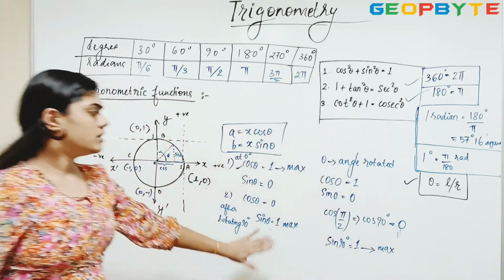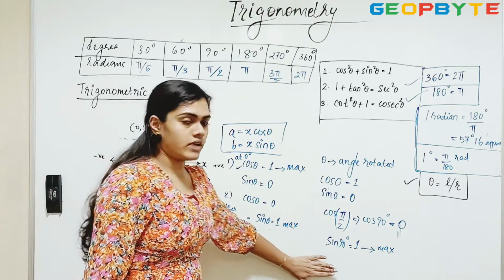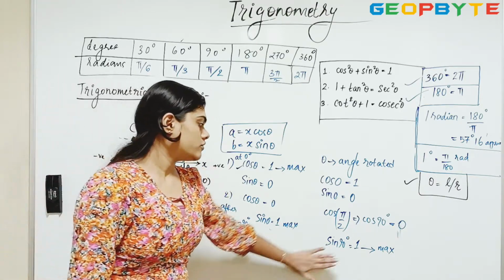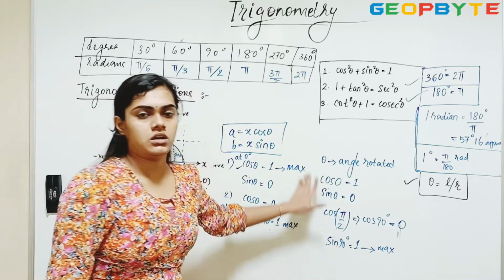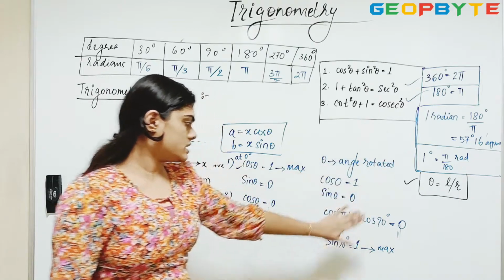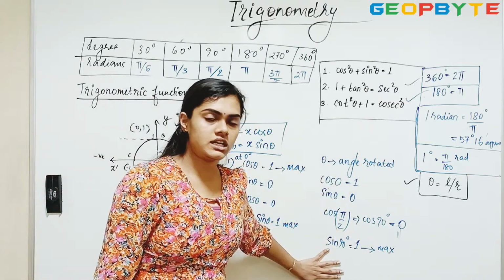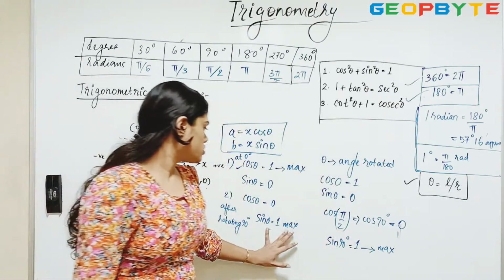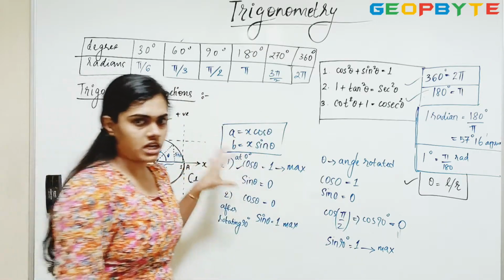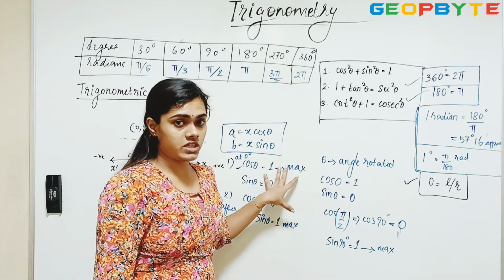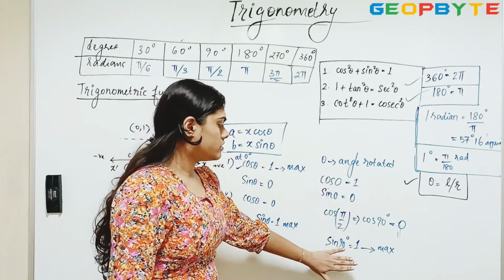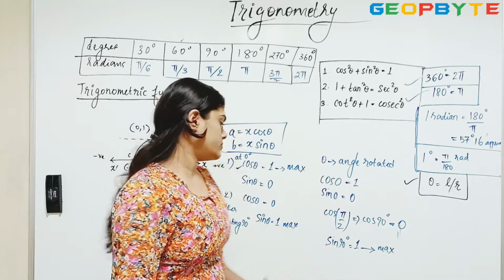So like this we can get the values of sine maximum and cos maximum, minimum values for both sine, cos and also the corresponding functions cosec, sec, and also we can find it for tan and cot. So this is how we find the angle, and we have a very small chart which should be remembered, which is very important for your exams. So we can similarly find out for all other angles.